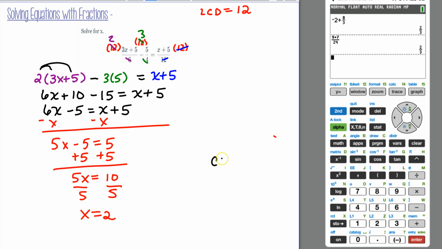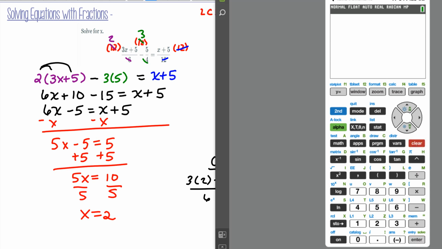Now if you wanted to check to see if you did that correctly, just substitute in 2 every time you see an x. So 3 times 2 plus 5 over 6 minus 5 over 4 equals 2 plus 5 over 12. On the left-hand side, I'm going to type everything in as I see it.